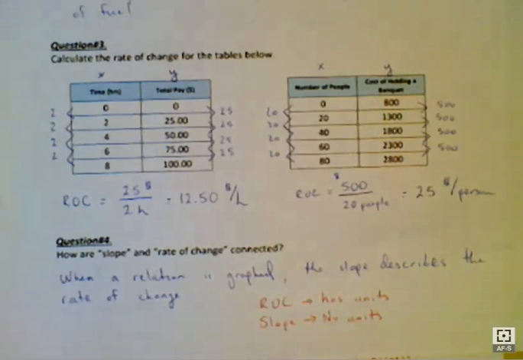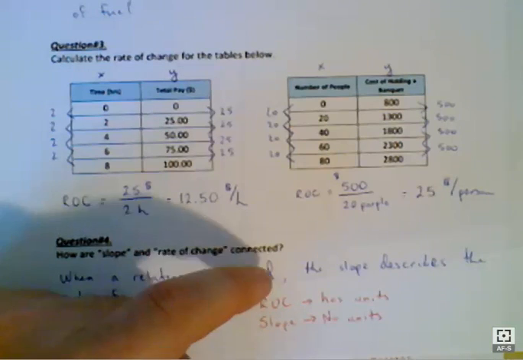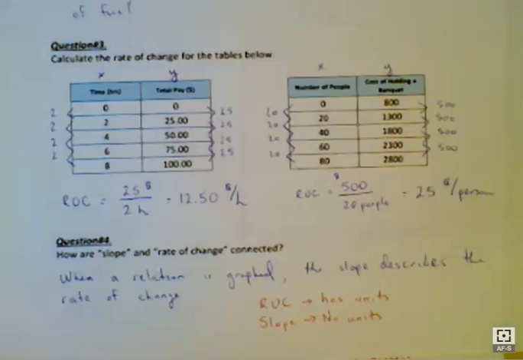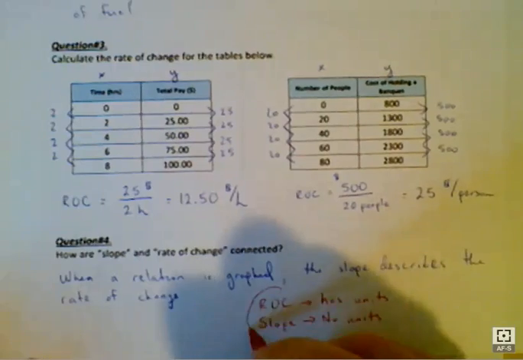But when we graph a relation, the slope describes the rate of change. Numerically, they are similar, but the rate of change will have units. When we graph it and find slope, no units. But they are tied together, rate of change and slope.